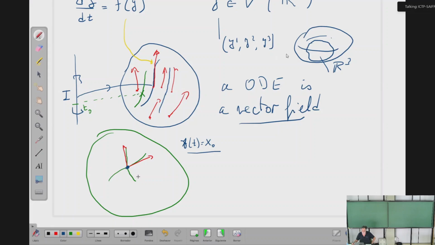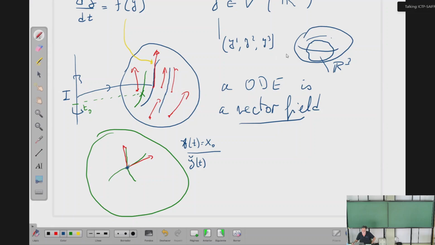I can have a solution, y twiddle of t, that is approaching this point, but it takes an infinite time to get there. We will see an example. So these are the things we can have. A solution that comes to this point but never arrives, or leaves this point but never touches it.